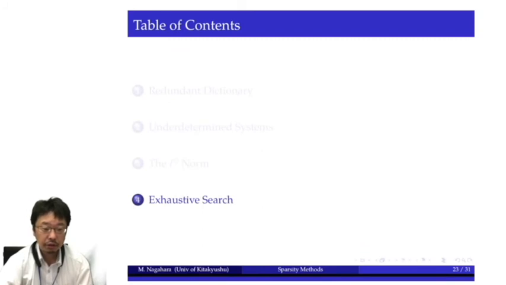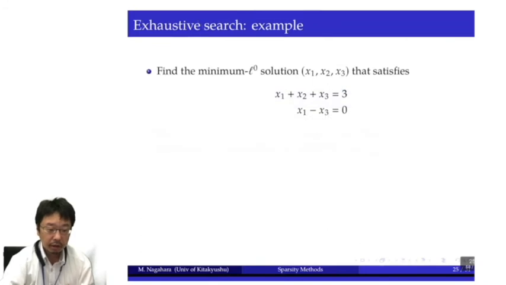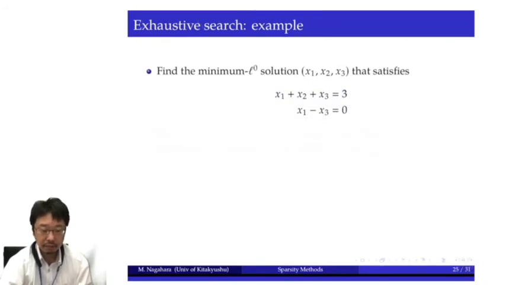Here we show a naive algorithm called the exhaustive search for the L0 optimization. The problem of L0 optimization is given by this. For this, we try an exhaustive search. Let us consider the simple example of finding the minimum L0 norm solution that satisfies these equations.